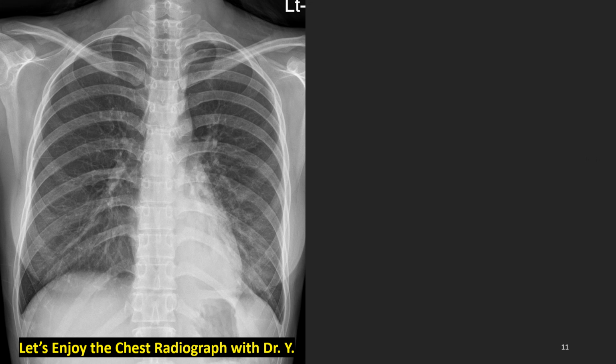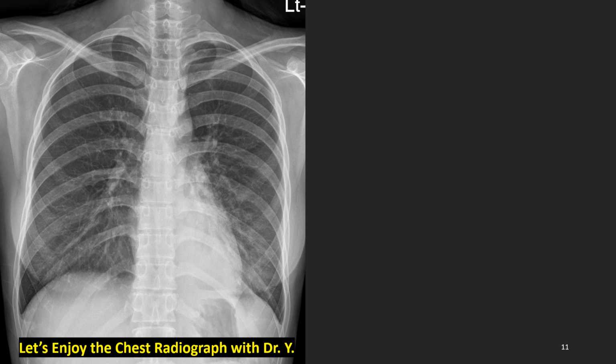How about this young woman's frontal chest radiograph? What do we see? Okay, just look closely. Left upper lung zone is clear, okay, but retrocardiac area is dense.